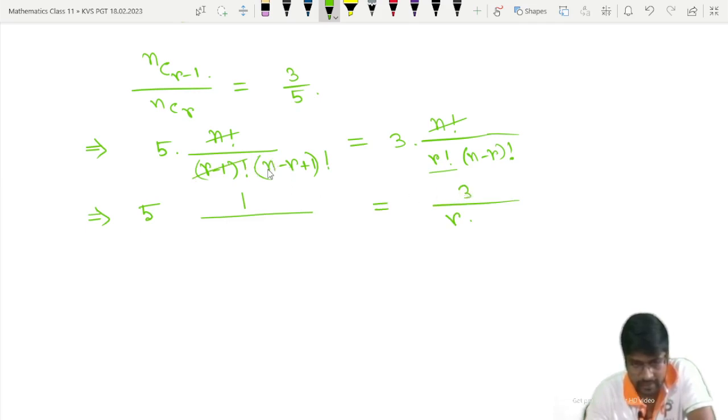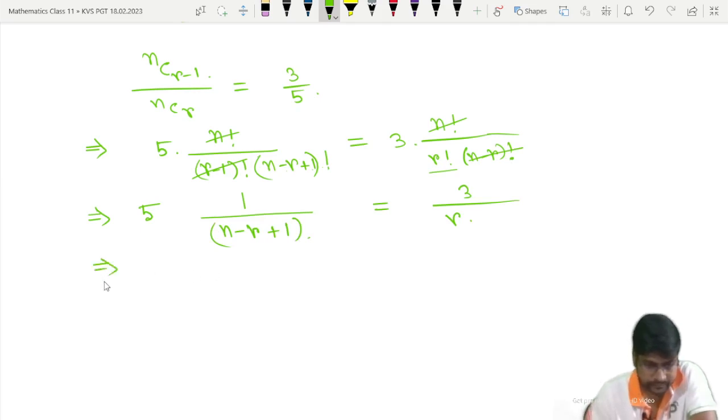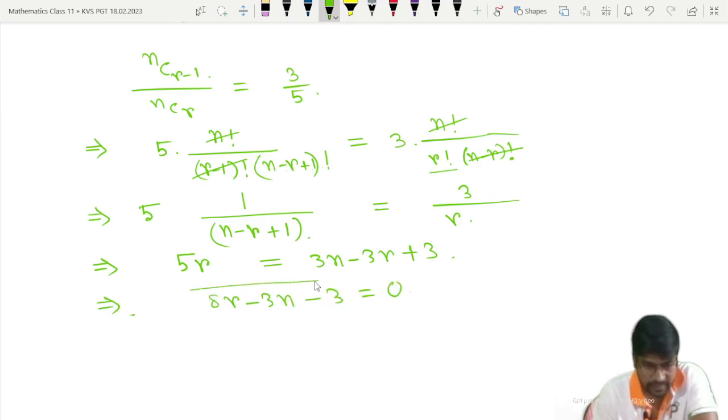And this side, n minus r plus 1 factorial, I can write n minus r plus 1 into n minus r factorial, so that and this will be cancelled. So do the calculation, cross multiplication, 5r will be equal to 3n minus 3r plus 3. So 5r plus 3r means 8r minus 3n minus 3 is equal to 0. So this is another equation involving r and n.